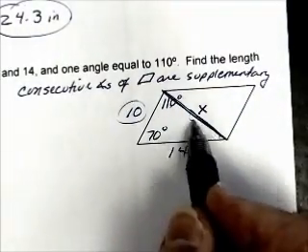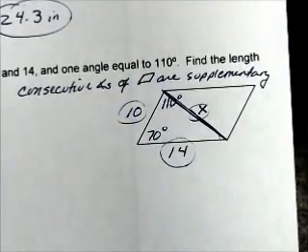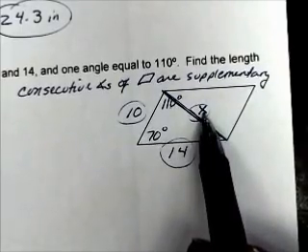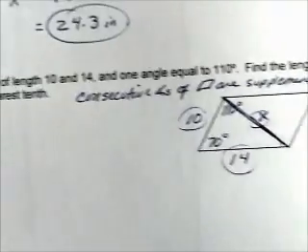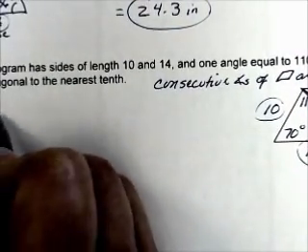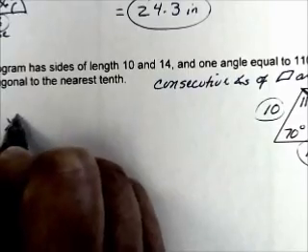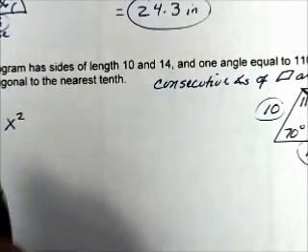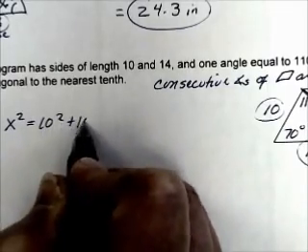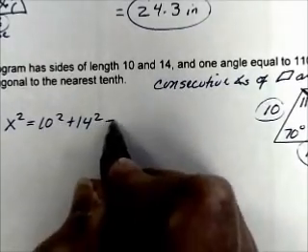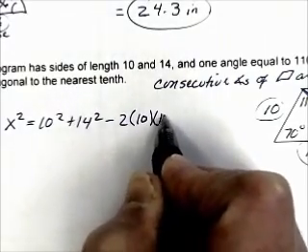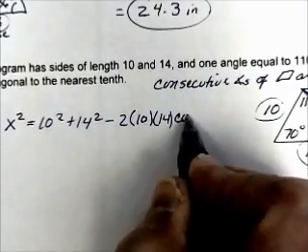So we have our three sides represented, and we have the angle opposite the side which we're trying to find. So this is using the law of cosines. So the law of cosines says that the side opposite the angle of 70 degrees, x squared, is going to equal the sum of the squares of the other two sides minus twice the product of those two sides and the cosine of the angle.